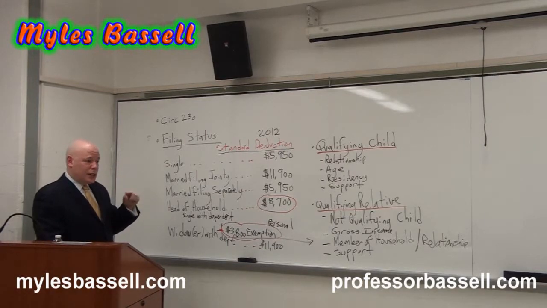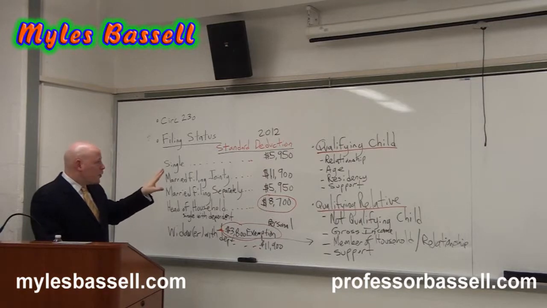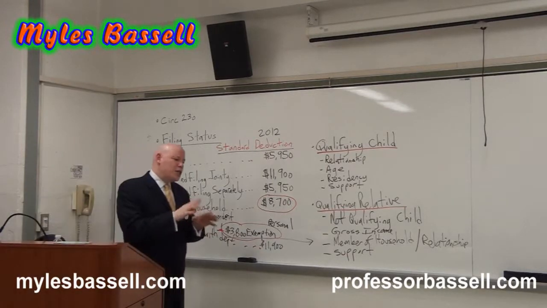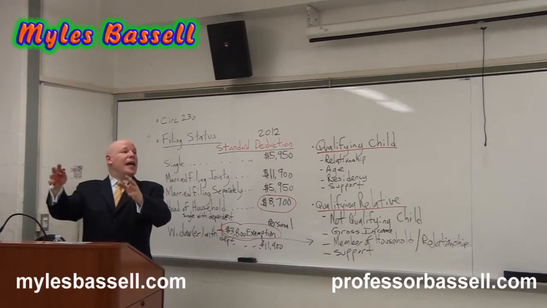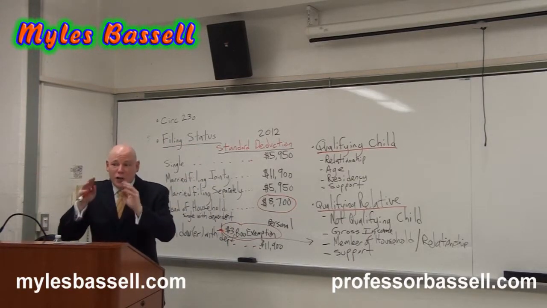So the answer is, now this is a unique situation. Your spouse passes. This is a little bit different from what we talked about in terms of whether or not you're single because of divorce. So if your divorce is finalized by the end of the year, then what did we say? We said that you're single.